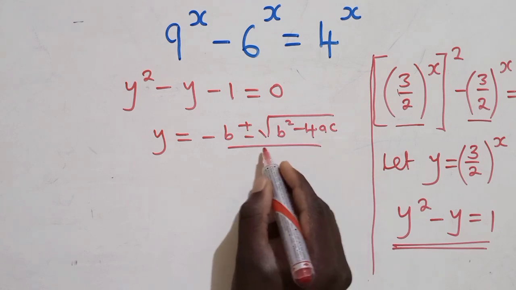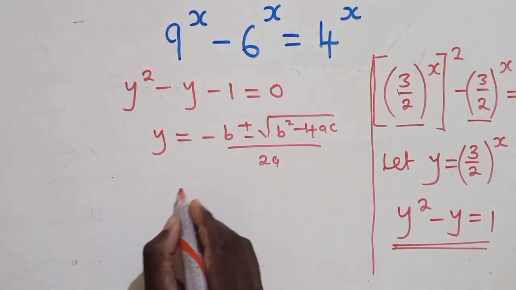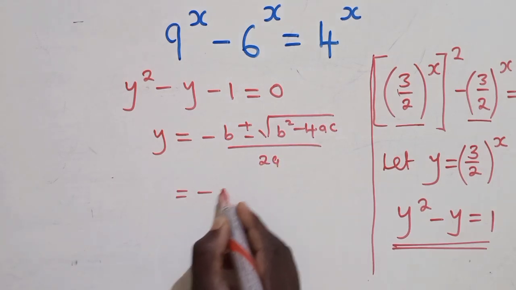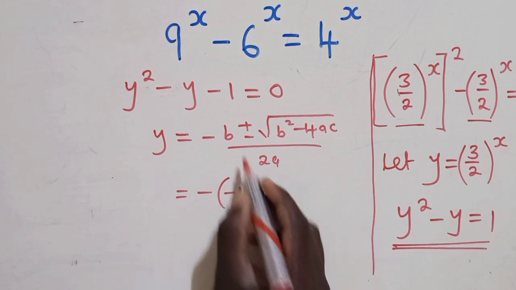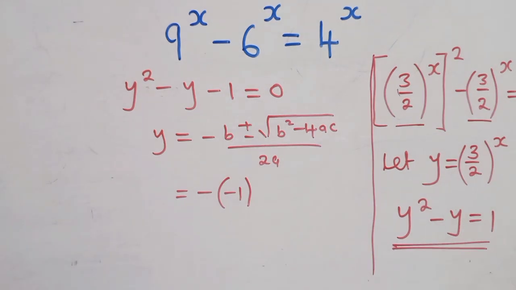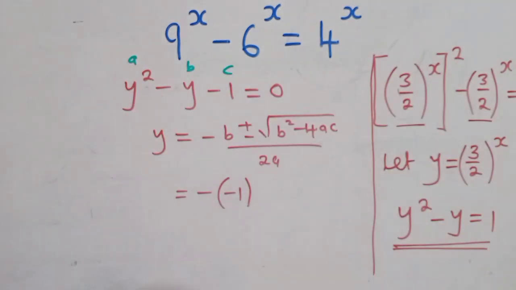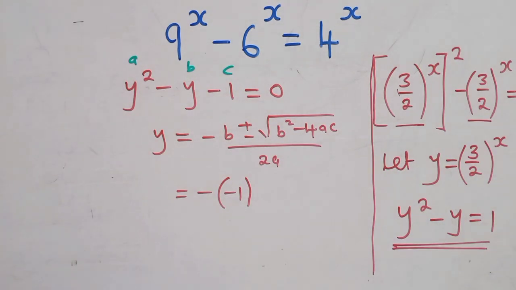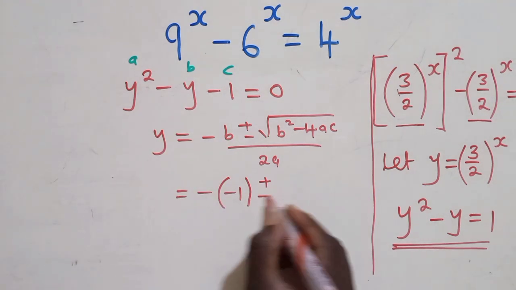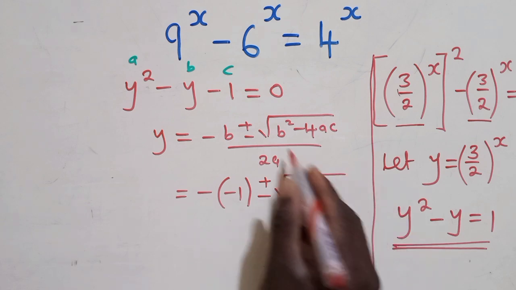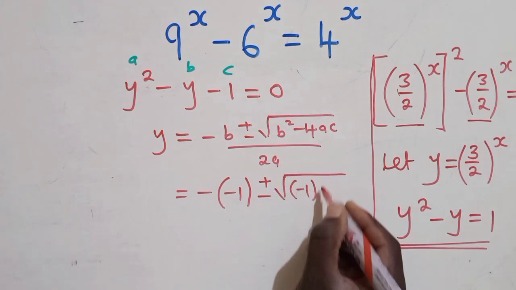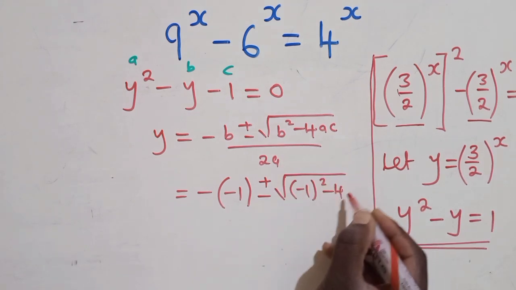So we solve this using the quadratic formula. We know that this is a, b, and c. So our b is negative 1. Here, there's a negative 1, plus or minus the root of negative 1 also, b squared, minus 4.